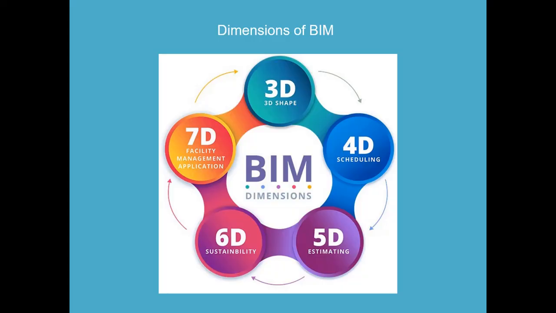So suppose we are dealing with a proper structure, it will give information about the paint that we have provided, the shades of the paint, the company and the mixtures that we have used for giving that paint. Then what are the makes of the machines that are installed, what is the capacity of that machine, what is the discharge of that particular pump, what type of lightings you have provided, what company's lights are installed. So all this information will be available in that particular model.